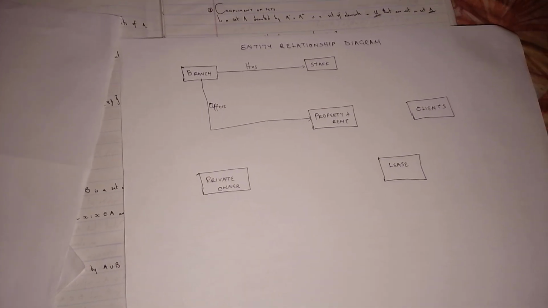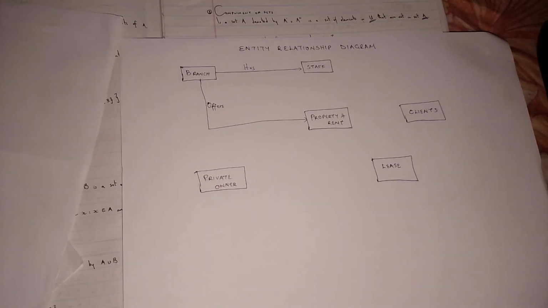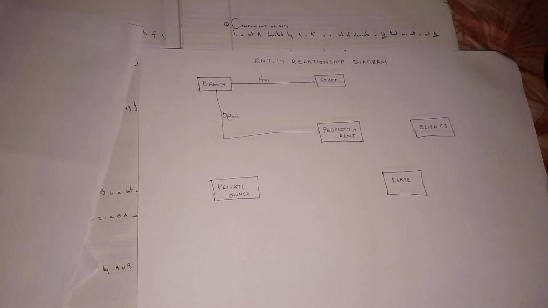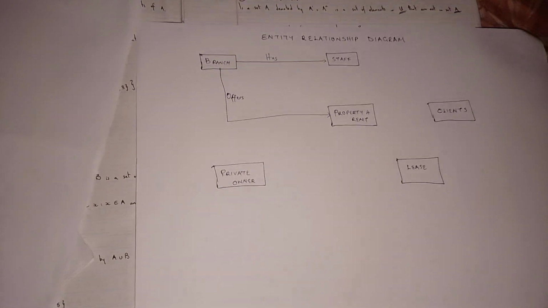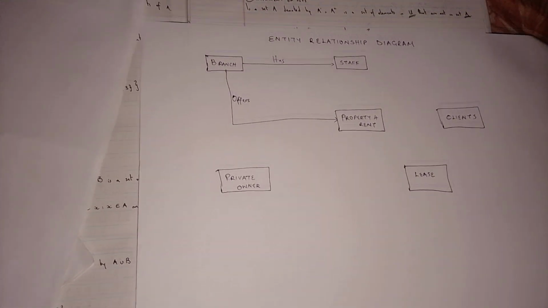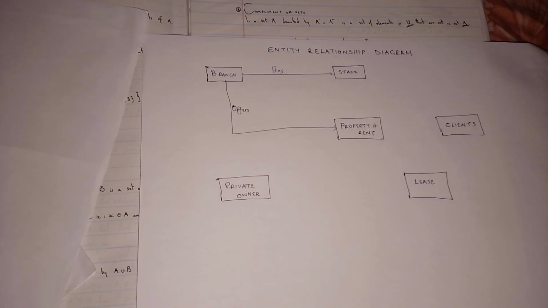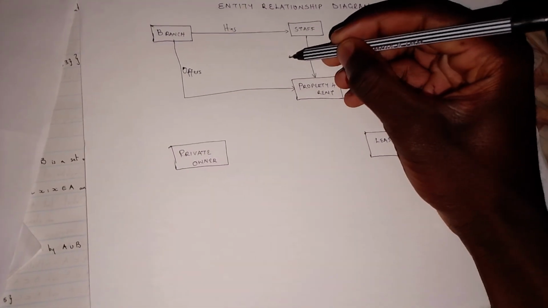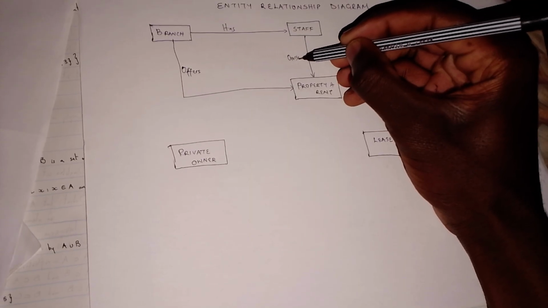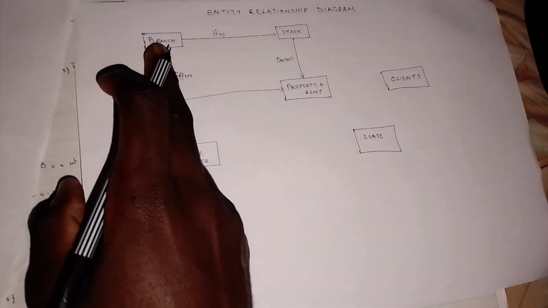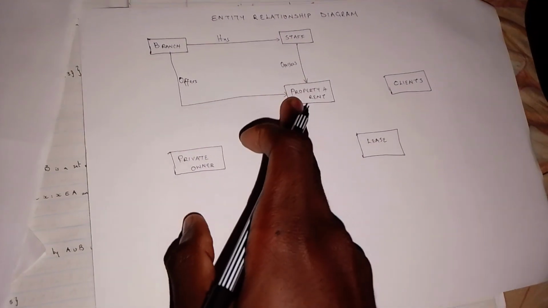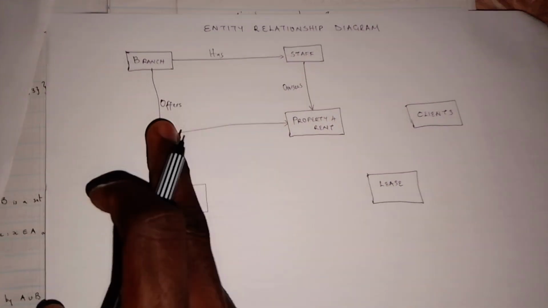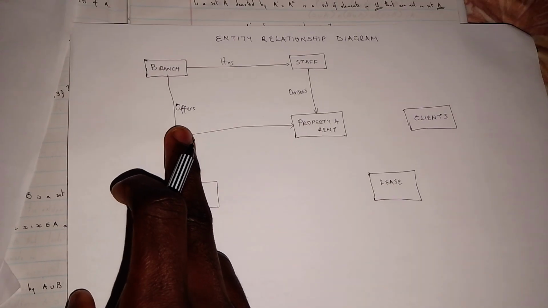The staff we're talking about here, for example, are people that work for the company. Let's mention names: John, Joseph, Elijah, and so on. That's the staff. That staff is the one that oversees the properties that the branch offers.